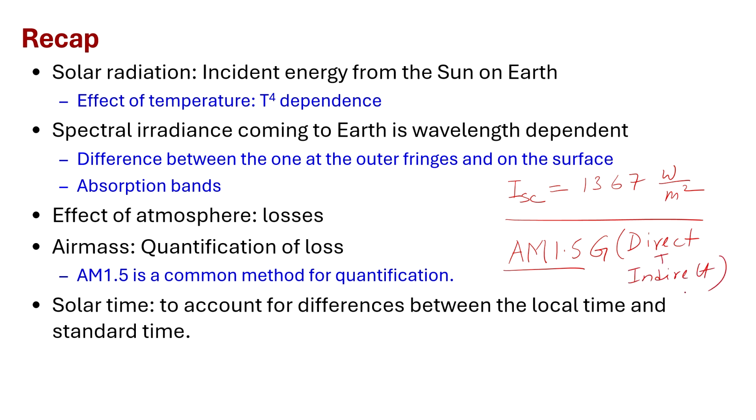Having done that, we then moved on to understand the concept of solar time, which is mainly because of the differences between the local time and the standard time, and this is because we consider countries as one time zone. So for example, India falls in a time zone of 5:30 hours ahead of GMT, Greenwich Mean Time, but the whole of India does not have the same time locally speaking.